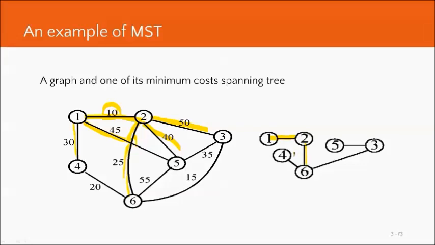Now, from vertex 6, I have four different edges, okay? I have 20 here. So 25 is not counted already because we already used the edge, okay? And then I have 55 here and I have 15. So what will I select?